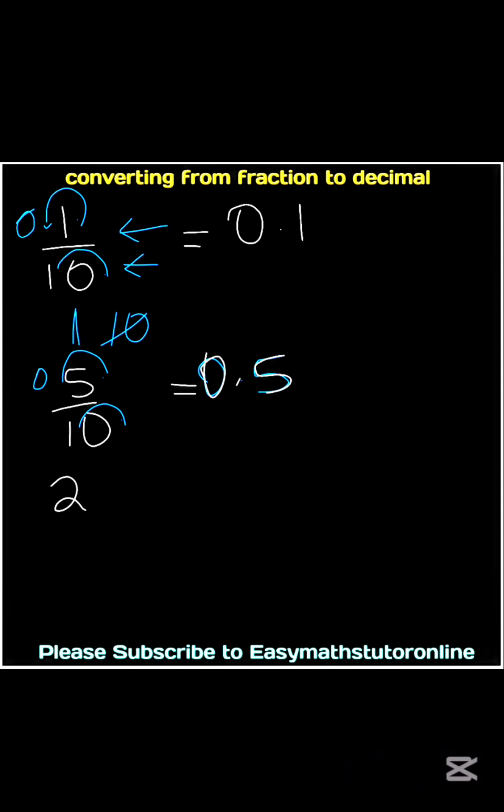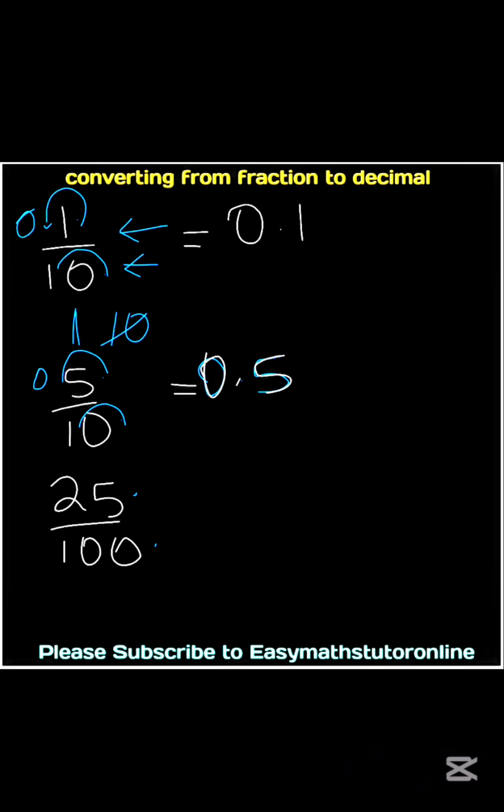Now let's tackle 25 over 100. Using the same method, trying to turn the denominator, which is 100, into 1, we count 2 decimal places in the denominator and also in the numerator.